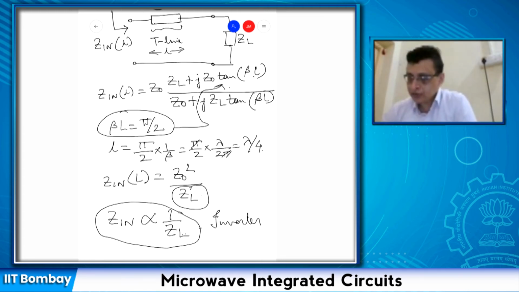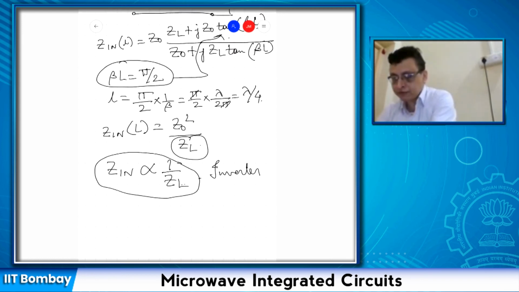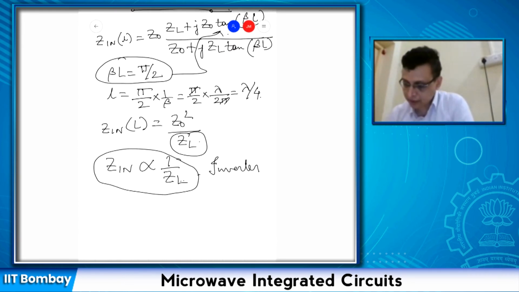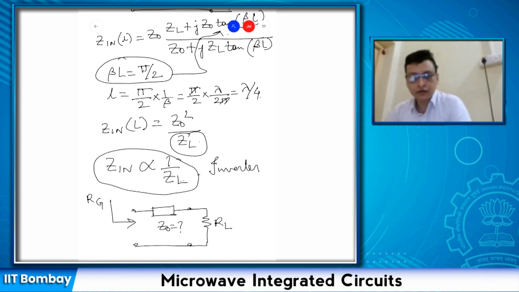In fact, as we shall see, a quarter wave transformer is also used for impedance matching. For example, if we have a load RL, and we have to obtain an input impedance of Rg, then what should be the value of the characteristic impedance of a quarter wavelength transformer?